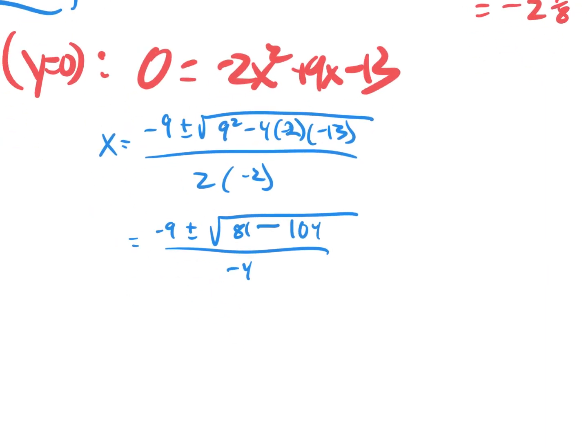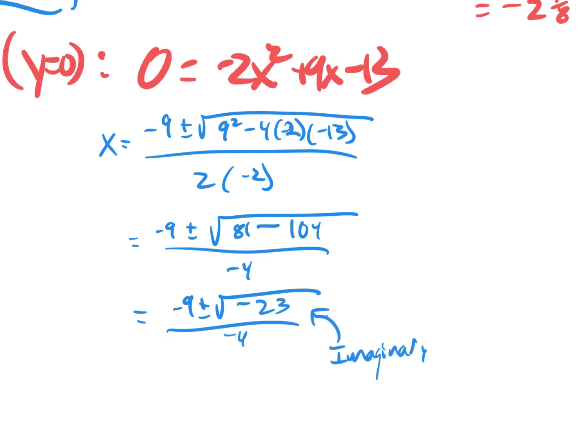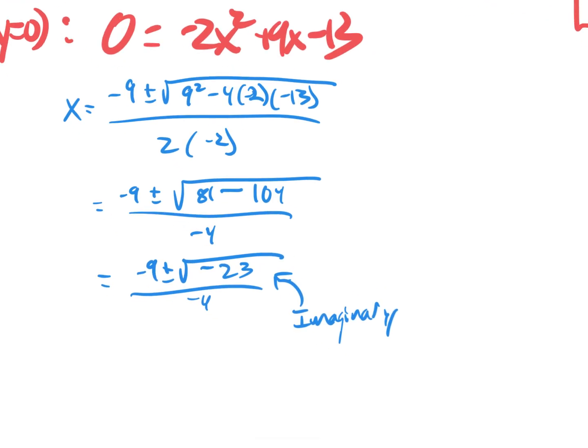So this is going to be negative 23. Okay, so this is imaginary. I can stop right now because that means that there are no real x-intercepts.